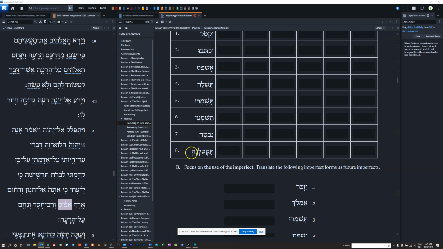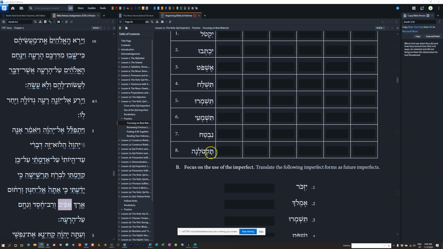Okay, so what if our suffix isn't comets hey? What if our suffix is noon comets hey? When does that occur? Well, we've seen 2 places where the noon comets hey suffix appears. It always appears in the cal imperfect, and it's going to appear in the feminine plural form, so the 3FP and the 2FP of the cal imperfect conjugation.